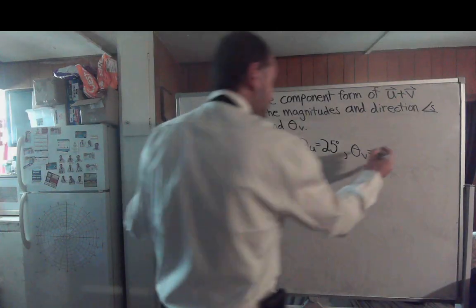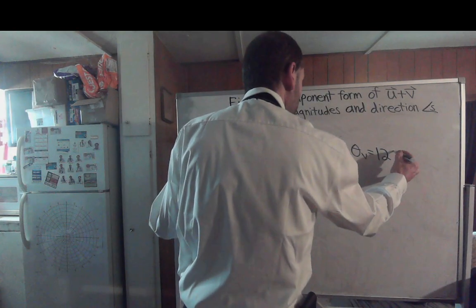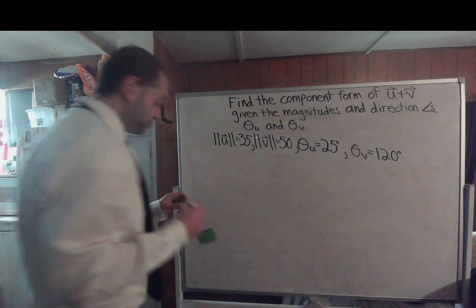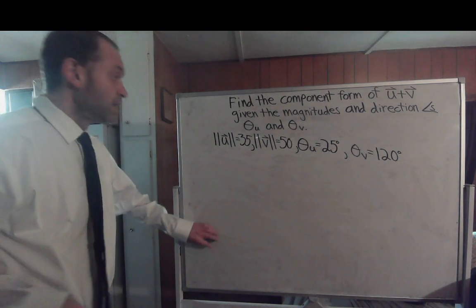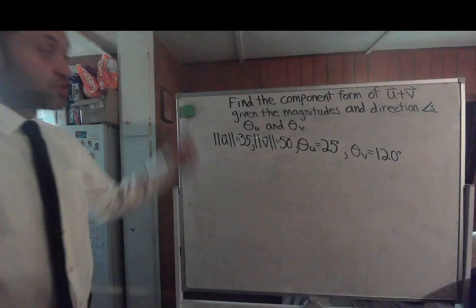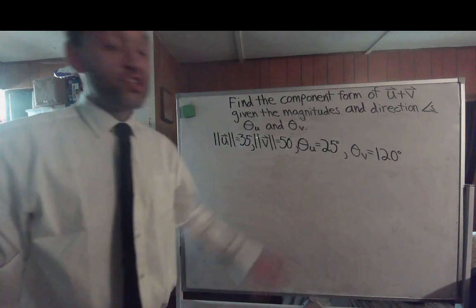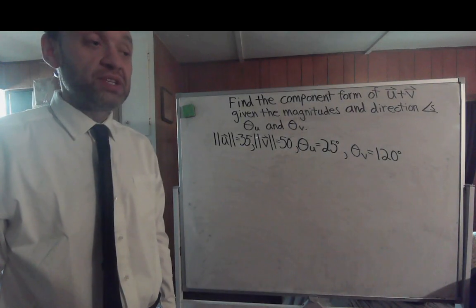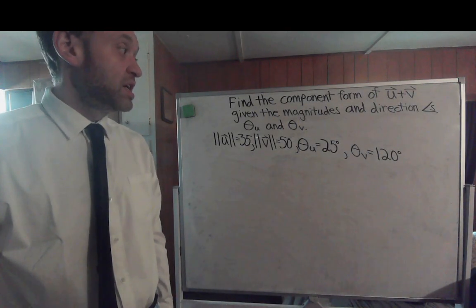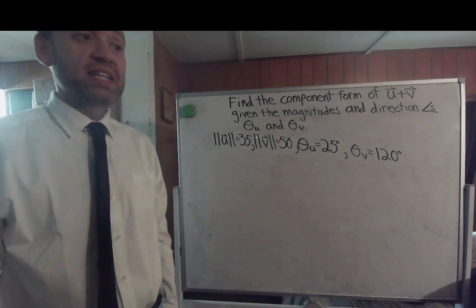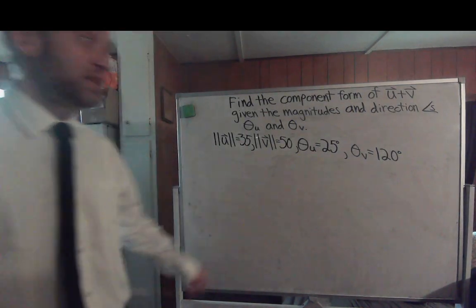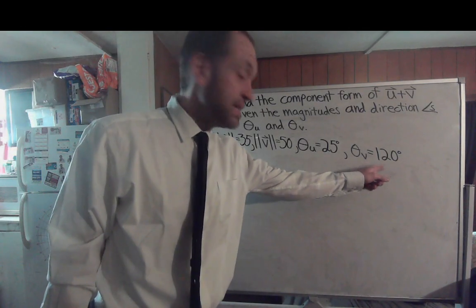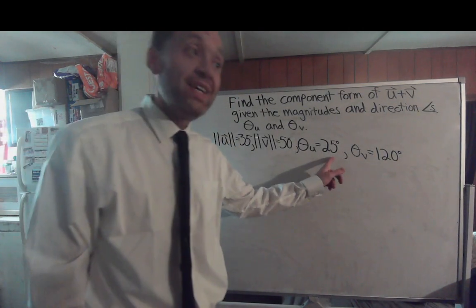Theta sub v is going to be 120 degrees. Well, we have a 25 degree angle, right? Which is definitely not a special angle, which means we're very likely going to end up with decimal approximations. So I say we just take decimal approximations for all of these. Even though 120 degrees is a special angle, 25 isn't.